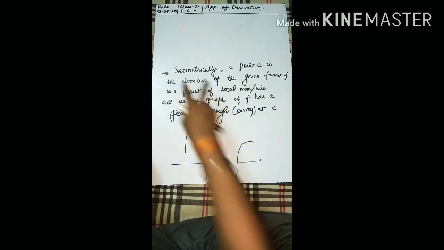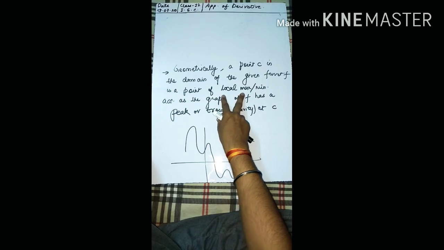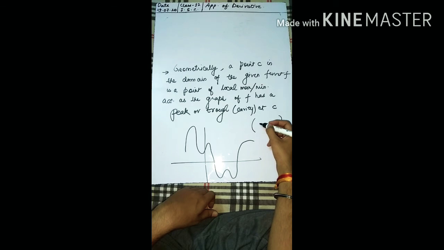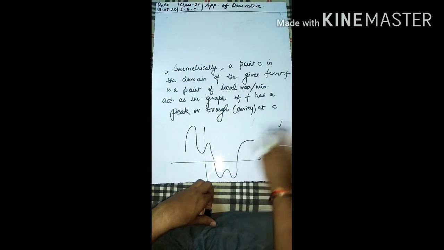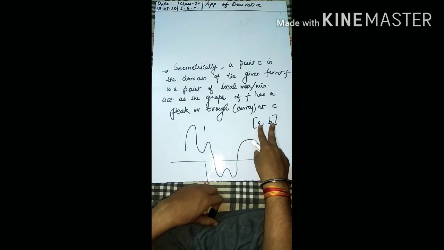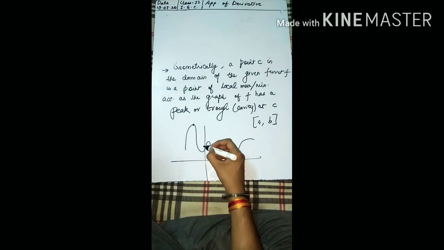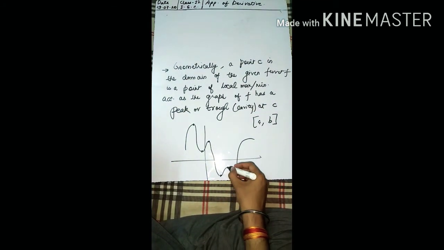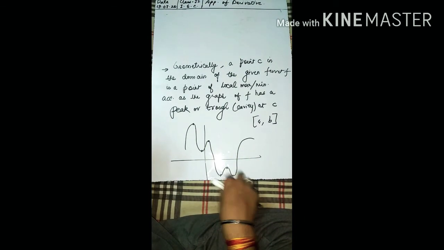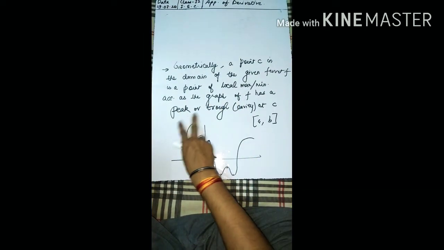Geometrically, a point c in the domain of the given function f is a point of local maxima or minima. For example, if you have a domain as the closed interval [a, b], then under this domain you will have points c which will be your local maxima and local minima, according as the graph of f has a peak or trough.